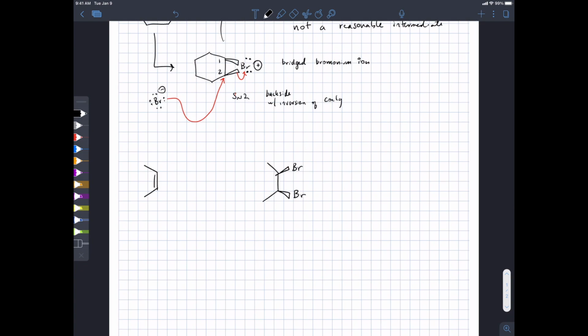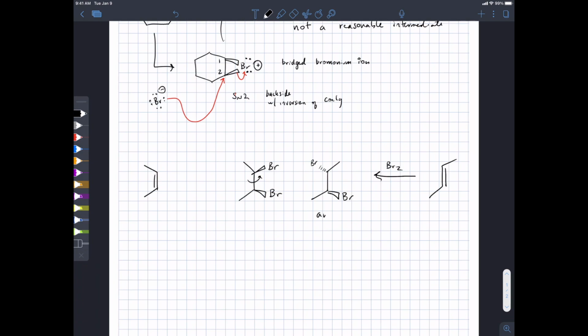But with a little bit of carbon-carbon bond rotation, it will become clearer that this could have been the product from bromination of the trans alkene.